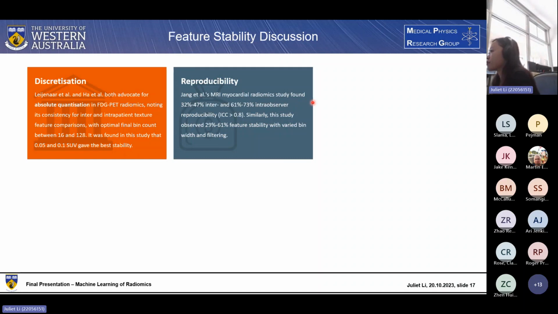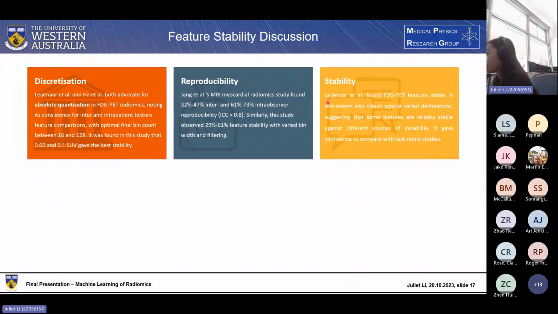Reproducibility. We couldn't find a reproducibility study for F18 sodium fluoride, but we found a study of reproducibility for MRI features from the myocardium. The study by Jiang found 32 to 47 inter and intra observer reproducibility, and this study has found a similar number for feature stability for the reproducibility of the radiomics.